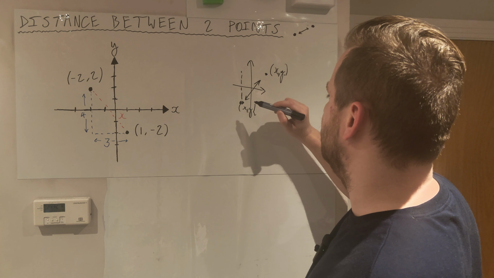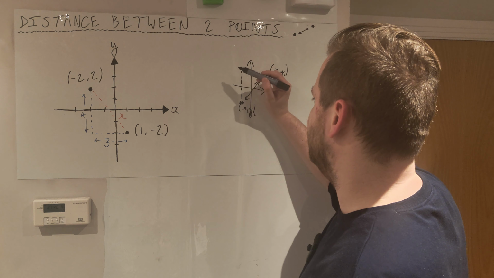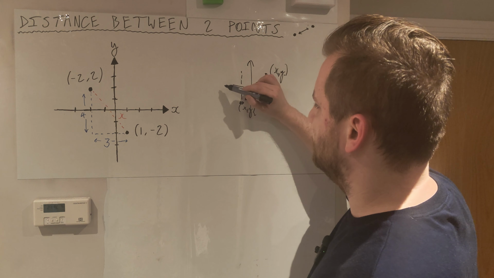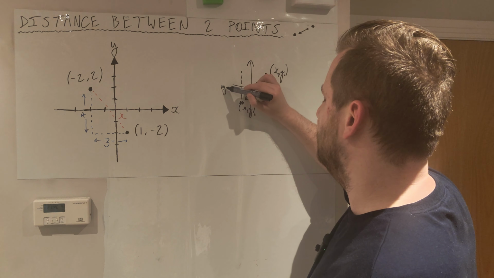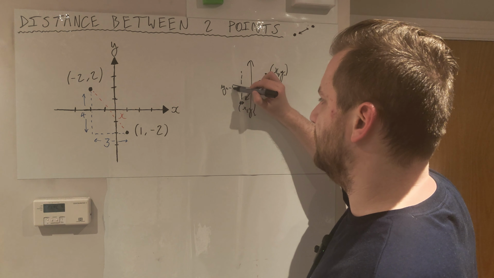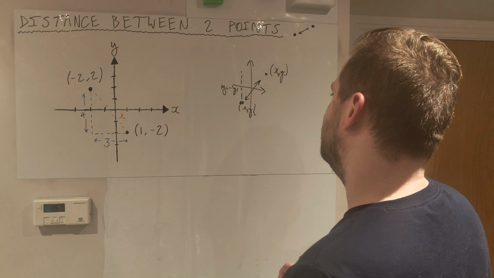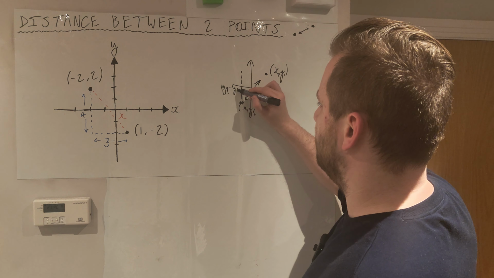Well, it's going to be this one minus this one. Let's say I've labeled this y1, so whichever one's larger, you work out the difference. In this case, this would be larger, so I'd probably do y1 minus y2.